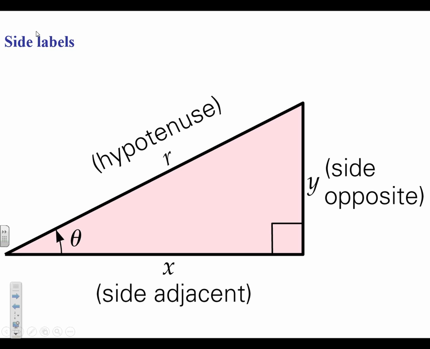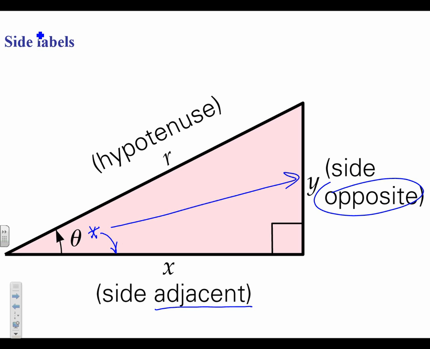Since I have my angle marked down here on the bottom, the side that is straight across from it is known as my opposite, and the side that's right next to it is known as my adjacent. The longest side is always your hypotenuse, and your hypotenuse will always be directly across from your right angle. Your right angle won't ever be your reference angle. So that is one thing to remember.